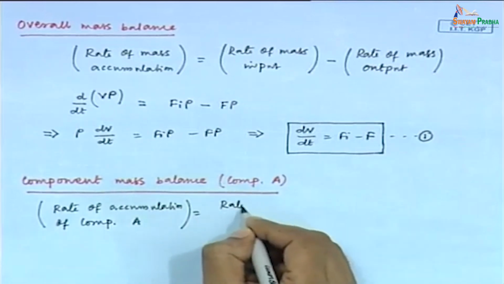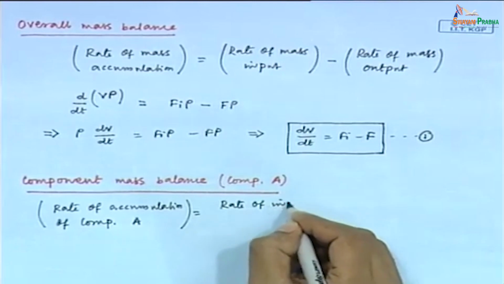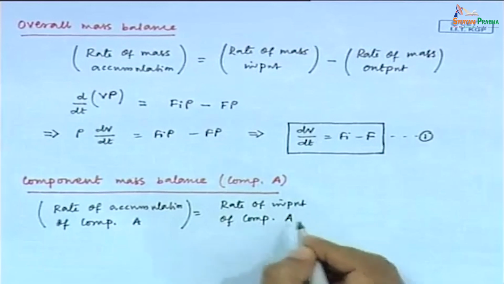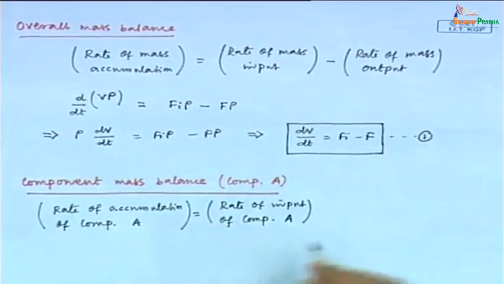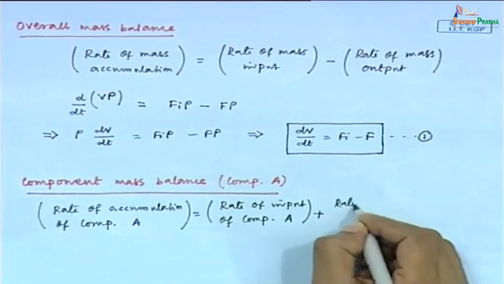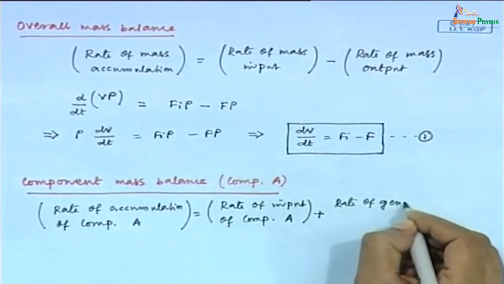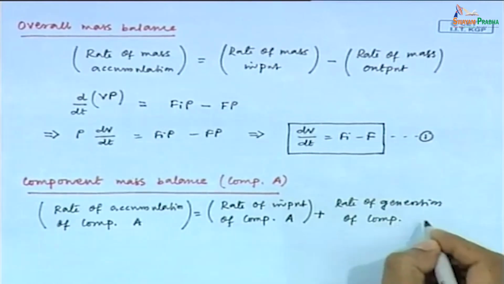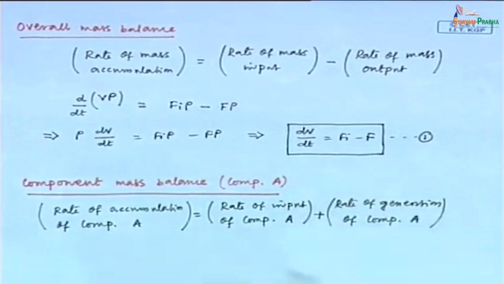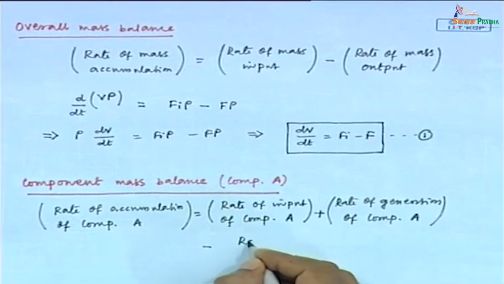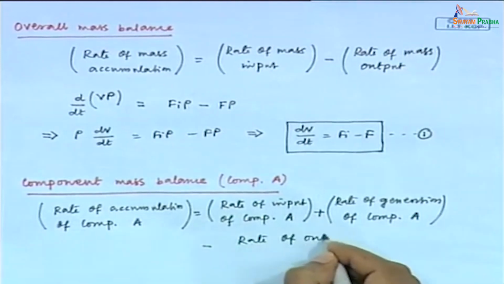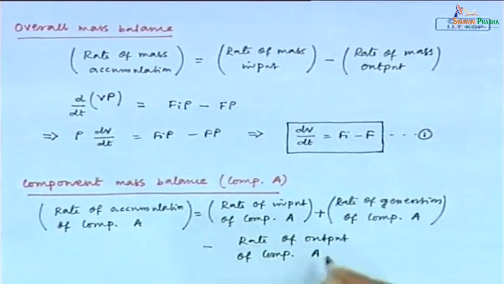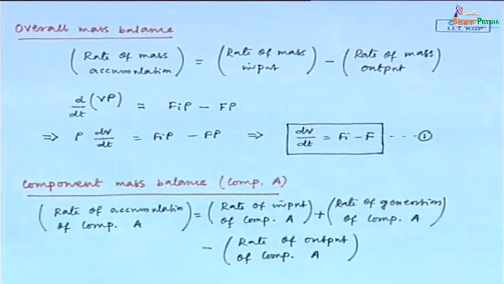then rate of input of component A, then rate of generation of component A minus rate of output of component A. Fine.